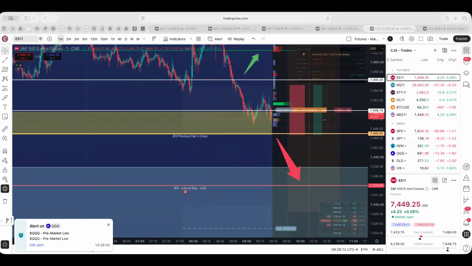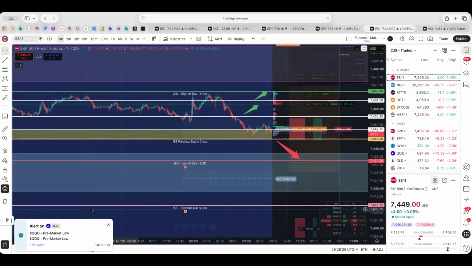Previous day close, 7445. Previous day low, 7441, sorry. That's 75.